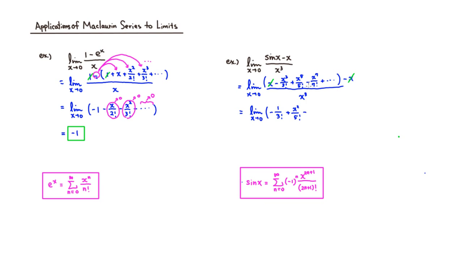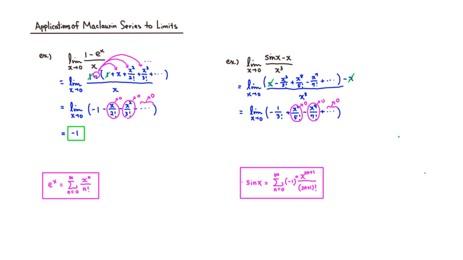Next one is x to the 7th over 7 factorial divided by x cubed, so x to the 4th over 7 factorial, and so on. As x approaches 0, starting from the second term, just like the first example, these are all approaching 0 because they have x in them, so the rest of the terms are going to go to 0 too.